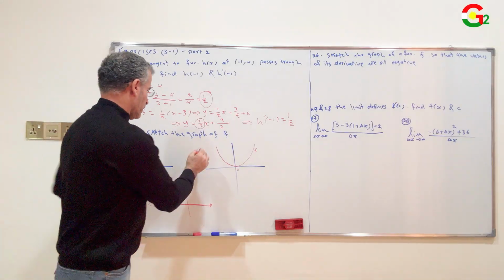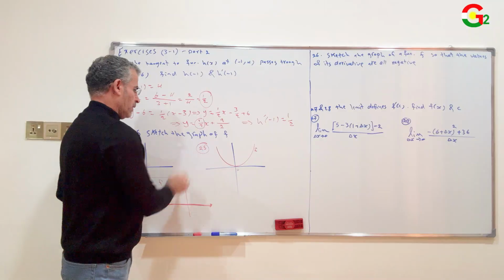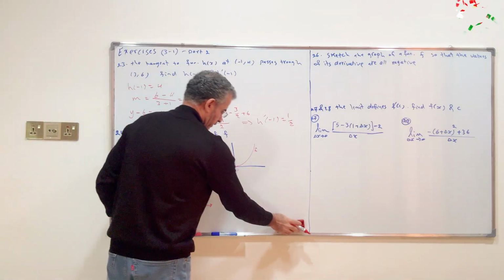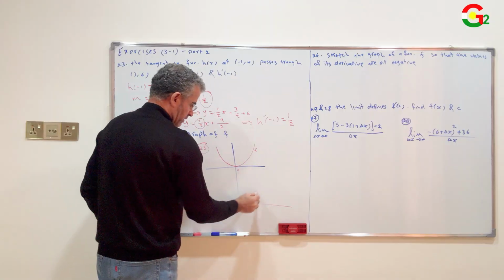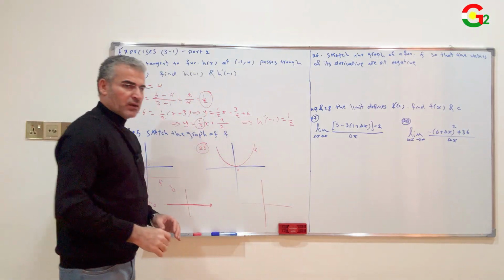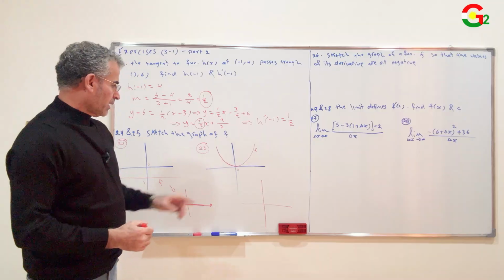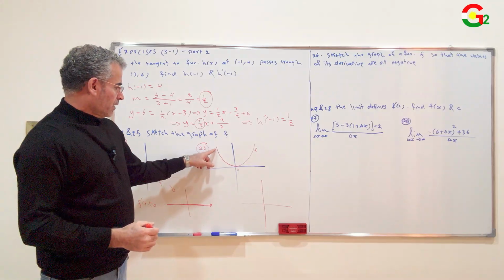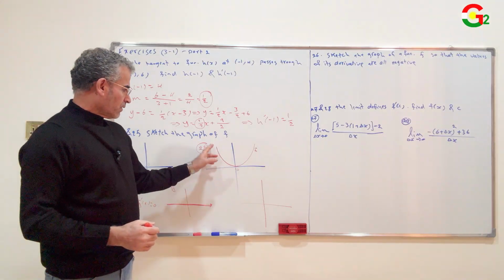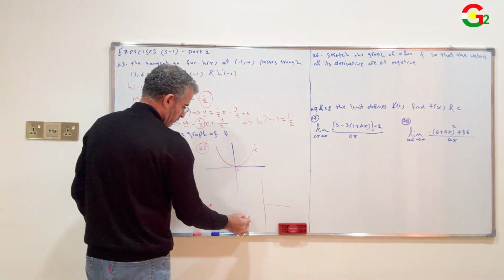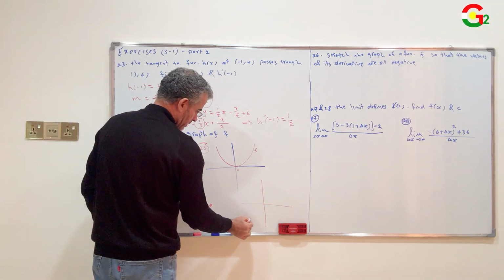For question 25, the derivative of this function is a quadratic function, so the graph of the derivative is a straight line. Since from negative infinity to 0 the function is decreasing, the graph should be under the x-axis.